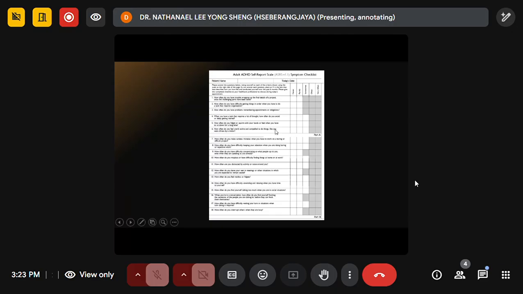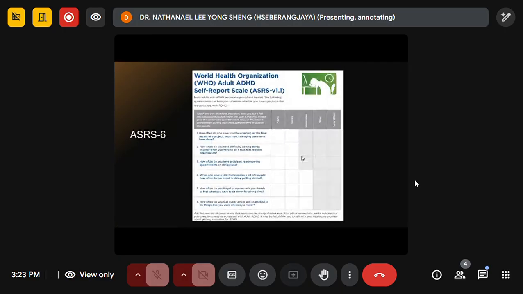However, the next few questions in Part B are supplemental questions, where if you want to have a more detailed history about the patient, you can ask the patient to complete all of these questions. So this is the full version of ASRS.